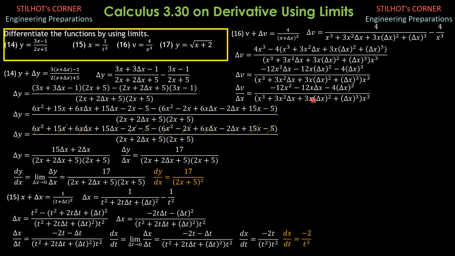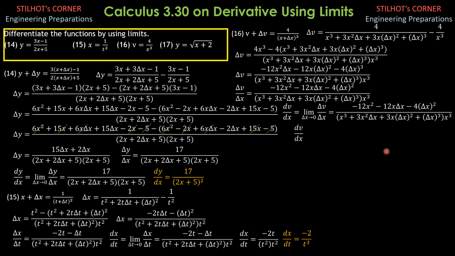And it is negative 12x squared over quantity x cubed, everything else is 0 here, times x cubed. So the final answer, dv/dx, would be negative 12 over x to the fourth.